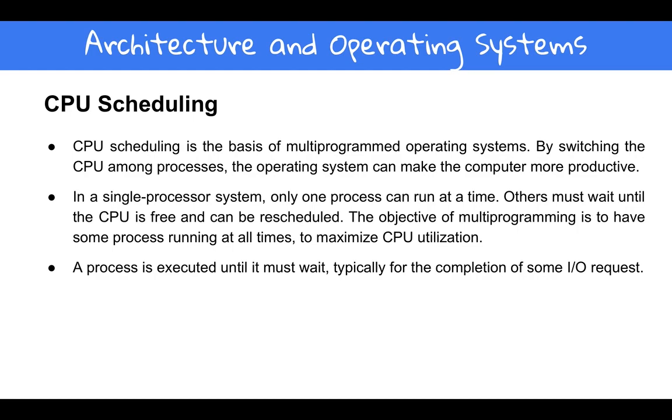A process is executed until it must wait, typically for the completion of some input-output request. So when you give a process to the CPU to be executed, most of the time we need to wait for the CPU to execute that process and then terminate it, or we may need to get some input, for example, from the user.